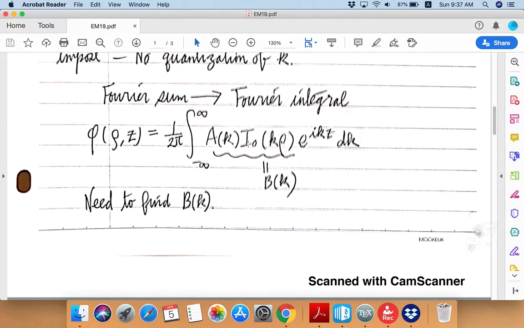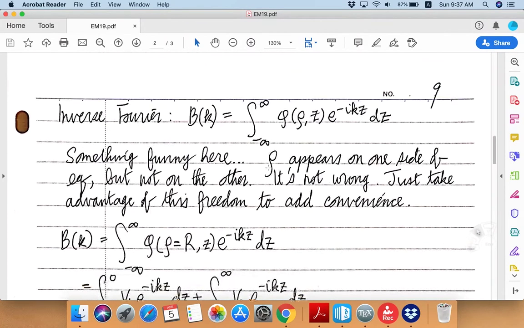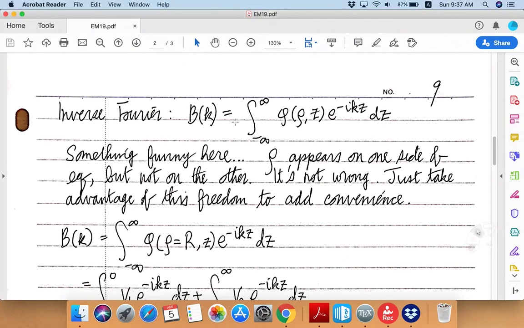And also over here we have this rho dependence through the argument of the modified Bessel function. So therefore, there's rho dependence in the potential on the left hand side, but I pretended as if there's no rho dependence in this product. You may be a little bit confused by this.